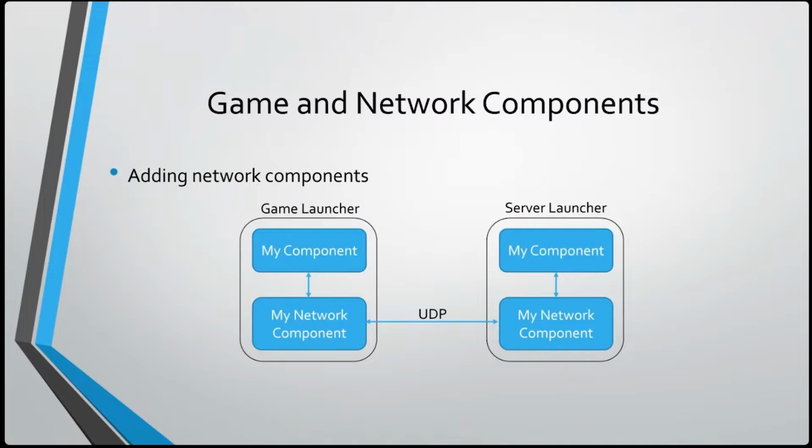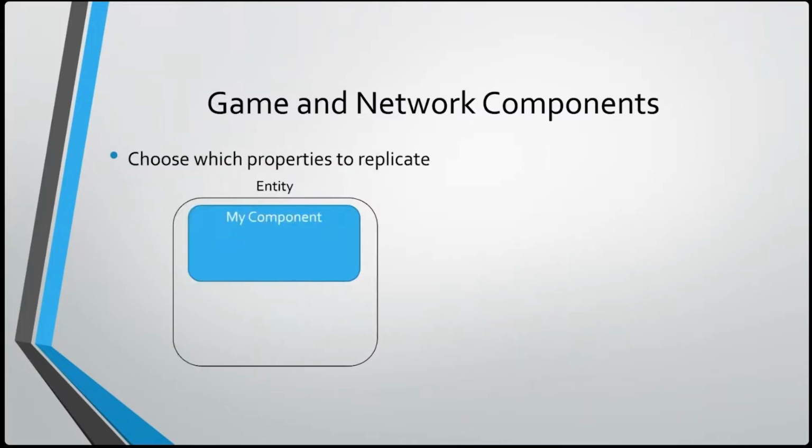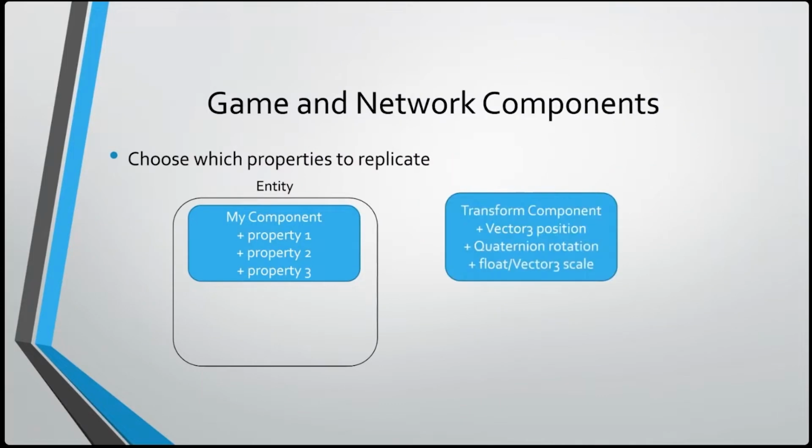So next we have to look at how we actually communicate between a regular component and a network component. Let's say we have an entity. Components may have a whole bunch of properties. For example, if you have a transform component, it will have a position, orientation, scale, and so on. As you work on your project, you have to decide which of those properties you actually need to replicate. Maybe you don't need to have them all serialized between server and client.